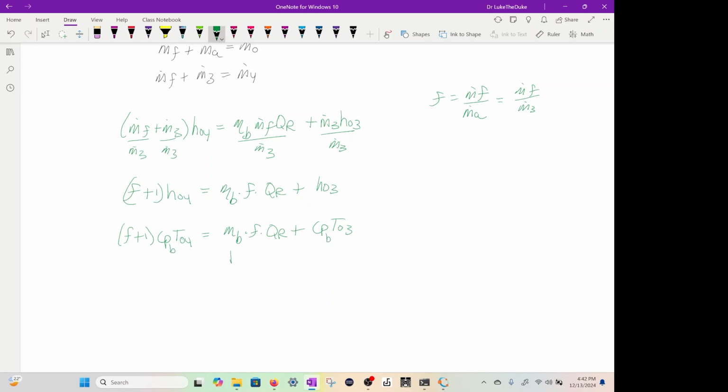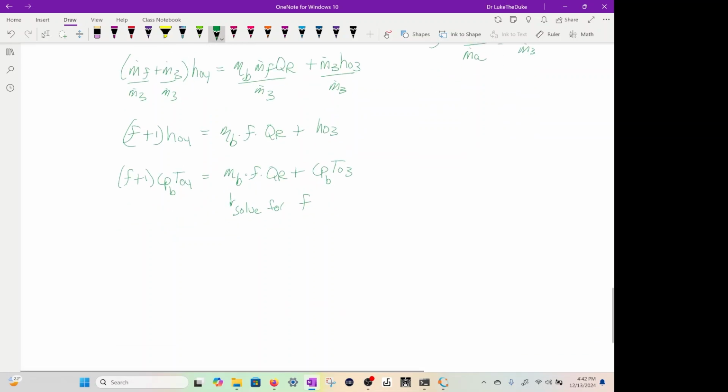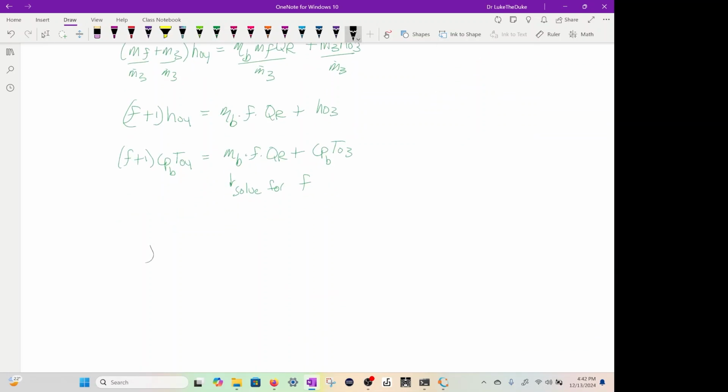And now we can solve for F, because that's used in the engine performances. So we get F equals T naught 4 over T naught 3 minus 1 divided by A to B QR over CPB T naught 3 minus T naught 4 over T naught 3.